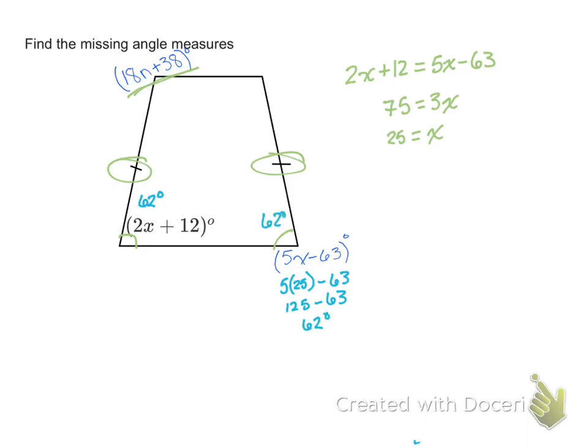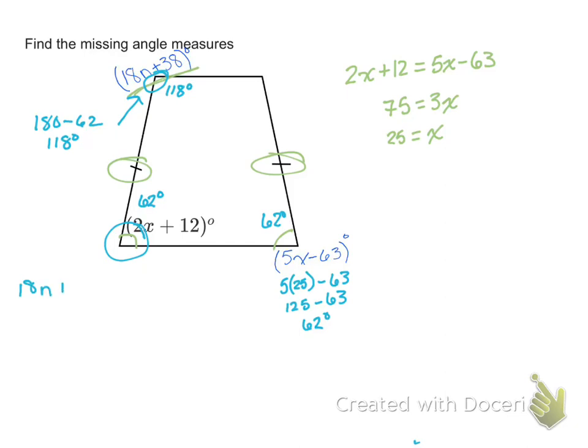And remember what we said about the angles formed by a leg, they're supplementary. So that means that this top angle right here must be 180 minus 62, which is 118 degrees. So we found that angle measure, and let's find n while we're at it.